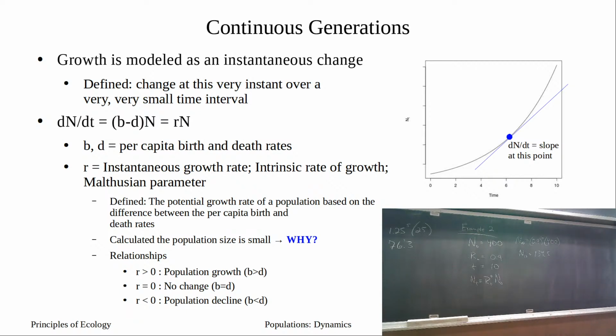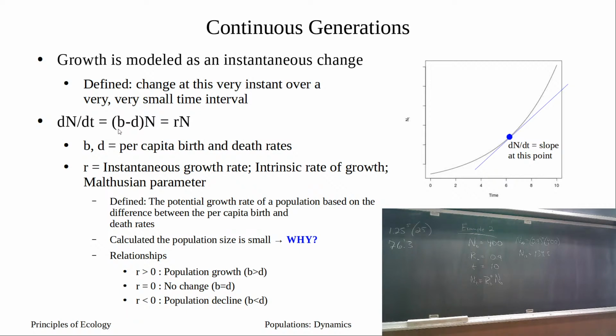For these equations, it's per one individual. So we're going to account for births and deaths. We've got a per capita birth rate. So out of all of our individuals, a certain number of them will be reproducing and having a certain number of offspring. And then out of all of our individuals, some of them won't be reproducing, they'll actually be dying because we have continuous generations, they're overlapping.